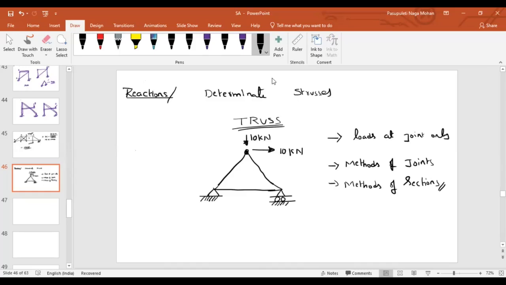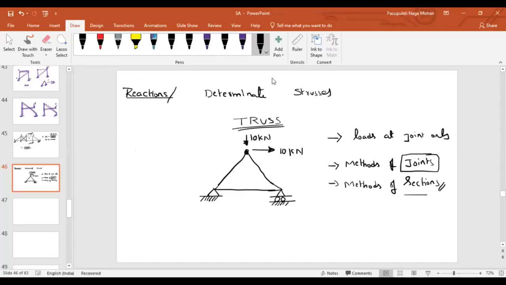Right? Now, from the name itself, we can identify. Method of joints means at each joint we will apply the equilibrium conditions and then find out the unknown forces or whatever is required.